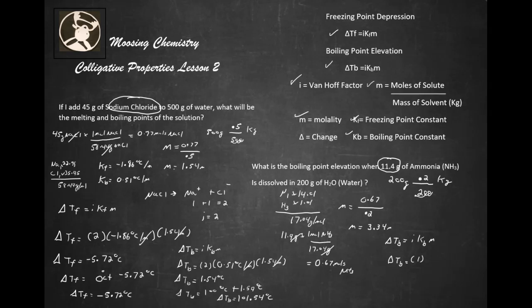So we take the Kb for the boiling point of water, which is 0.51 degrees C over m, times our 3.34 molal. Our m's cancel out. And our delta TB is going to equal 1.70 degrees C. And that's it for this lesson, guys.